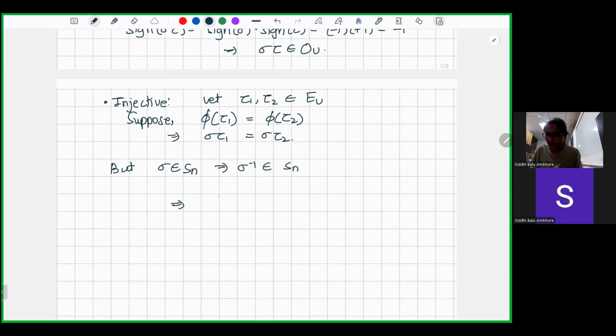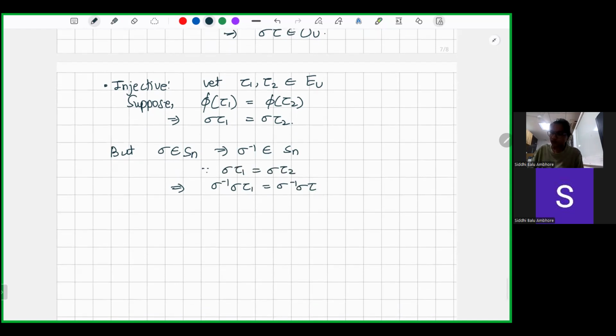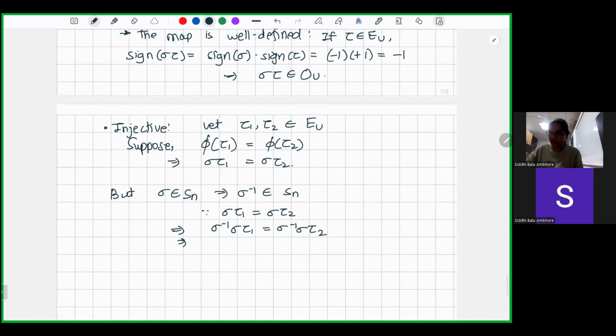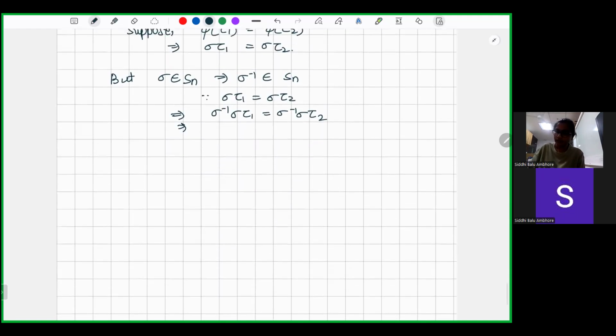So this will imply that sigma inverse sigma tau1 is equal to sigma inverse sigma tau2, and this will give me tau1 equal to tau2.